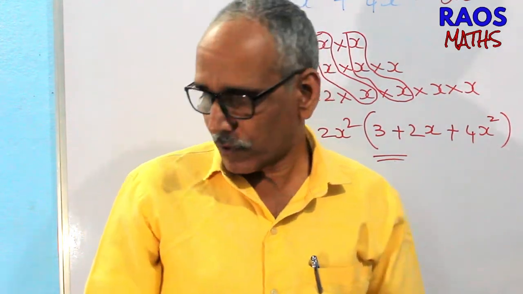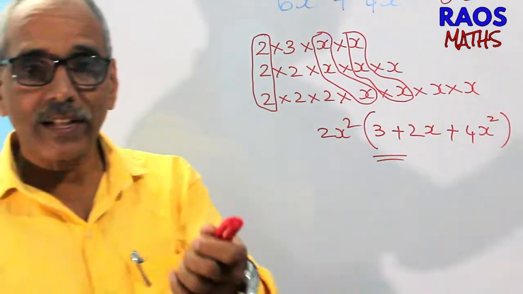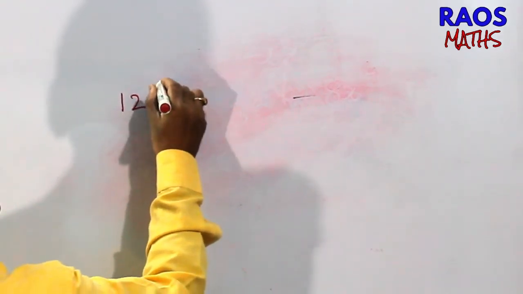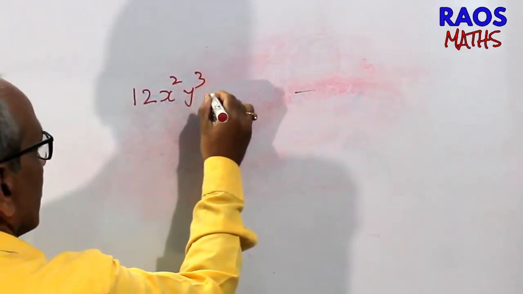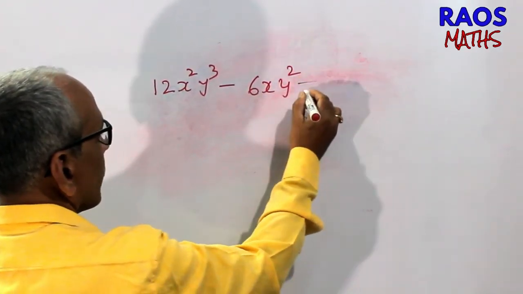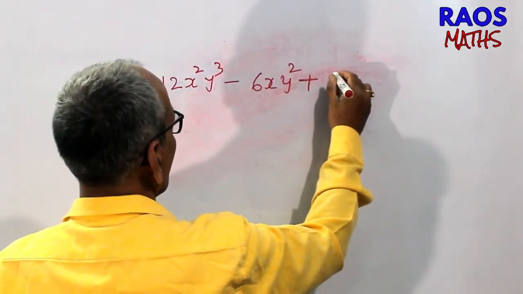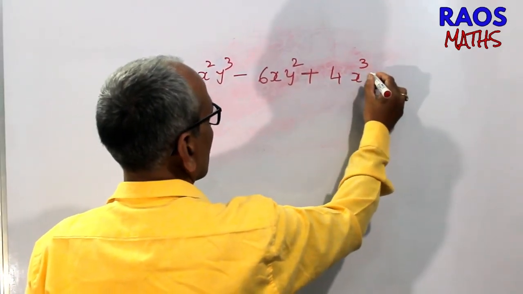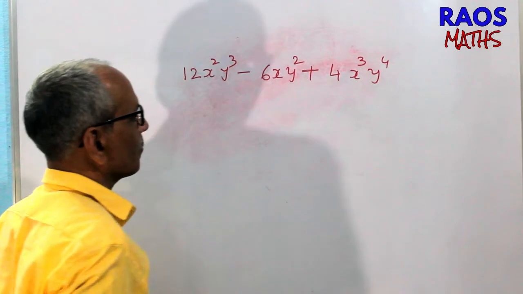Okay, let's go for one more example with 2 variables in the expression. 12x square y cube minus 6xy square plus 4x cube y power 4.